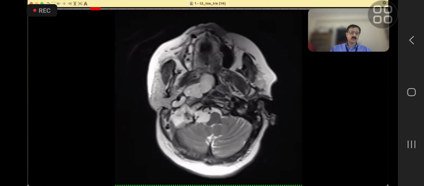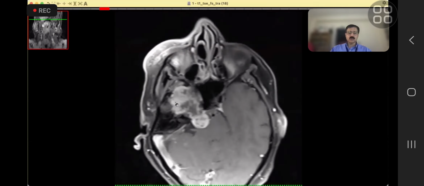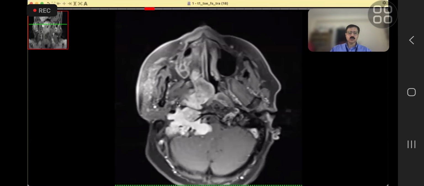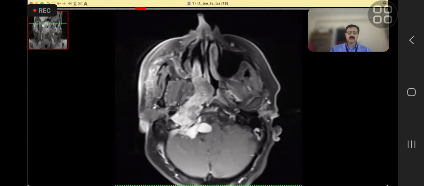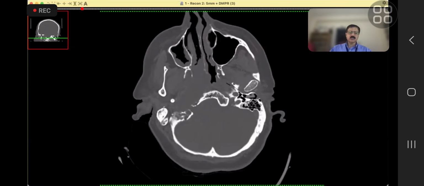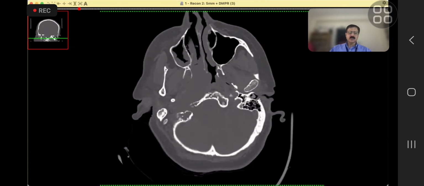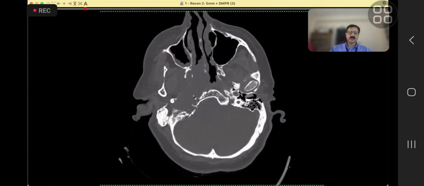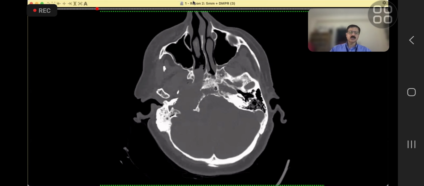I can teach on this for the next 1 hour, which I will not do because you don't require that much, but I just wanted to show you as an example of motor denervation and a bit of revision of the anatomy of the base of skull. So this is it. And by the way, this was the CT of the same patient. This is the CT. I am still surprised that this patient did not report for medical advice. Must be sitting at home for ages.